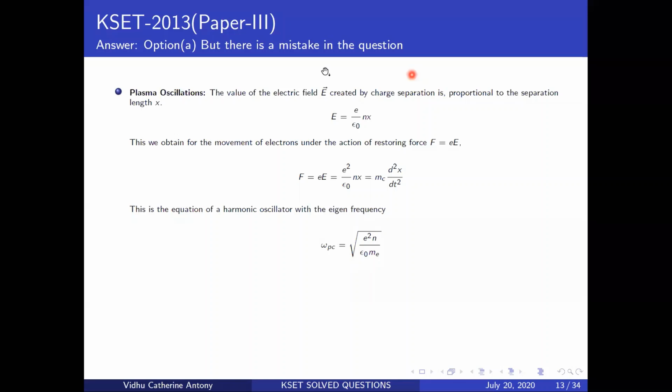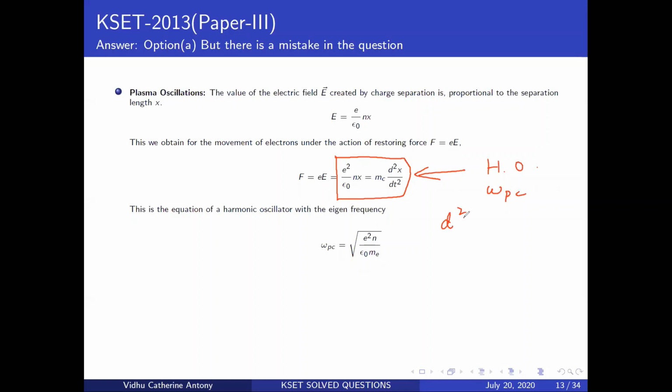Let's look at this a little more carefully now. This is the equation that resembles a harmonic oscillator with some frequency, let's say PC.